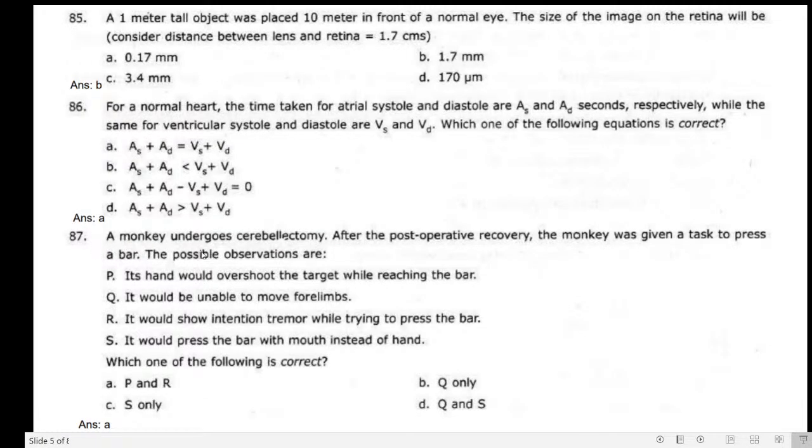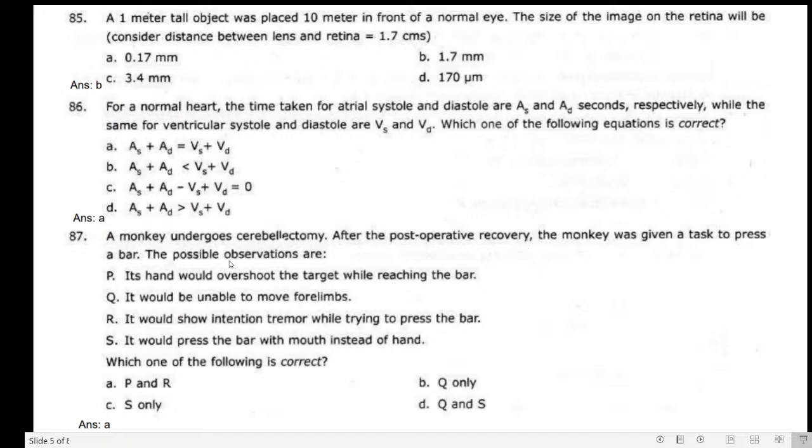Okay, next question: the monkey undergoes cerebellectomy. After post-operative recovery, the monkey was given a task to press the bar.